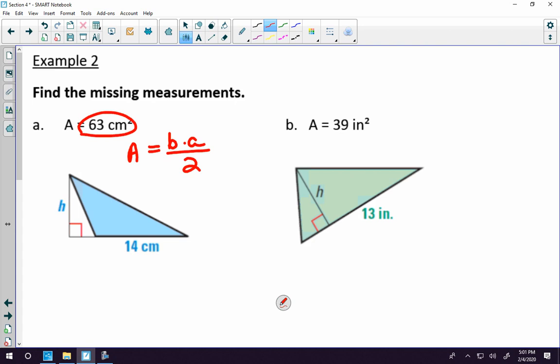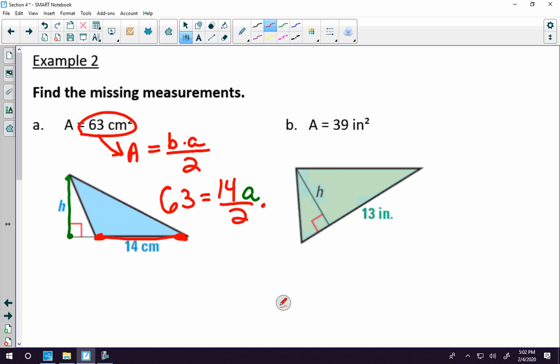Well, we know the area is 63 square centimeters, so we substitute 63 in for the area. So now we've got 63 equals. We know the base length. Yes, the base length is 14. So it's going to be 14 times the altitude. Do we know the altitude? No, we're looking for it. So we're solving for A. Of course, it's a triangle, so divided by 2.